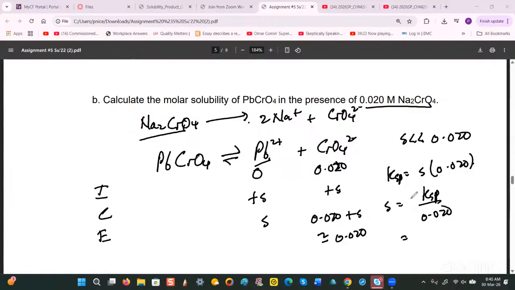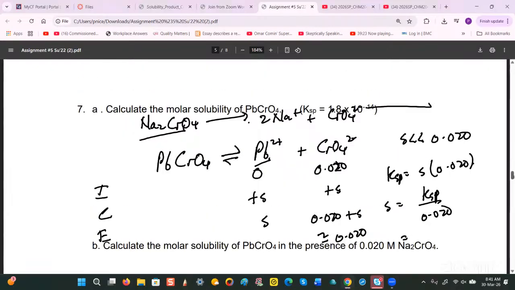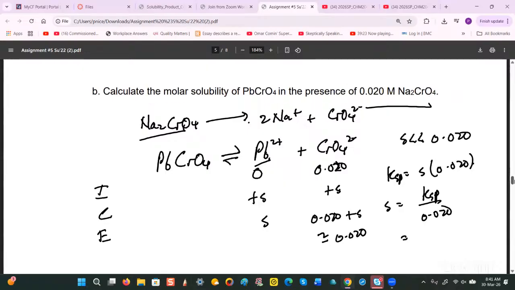And what was the KSP? 1.8 times 10 to the minus 14. So 1.8 times 10 to the minus 14 divided by 0.020. And let's see what that gives. According to my calculation, this works out to be equal to 9.0 times 10 to the minus 13 M, right? And that's the answer for the B part.